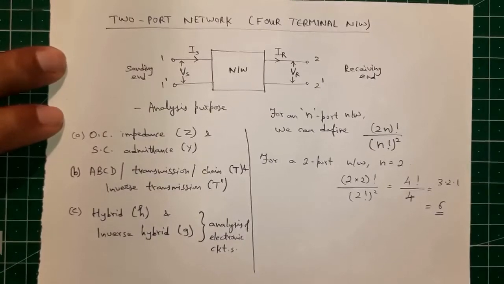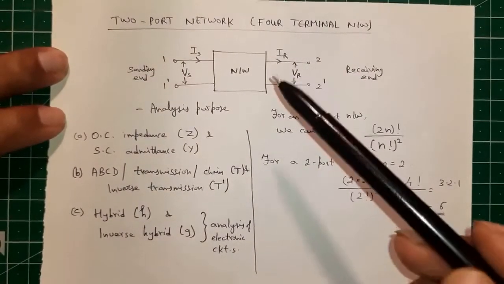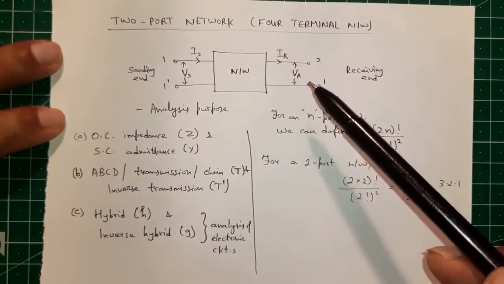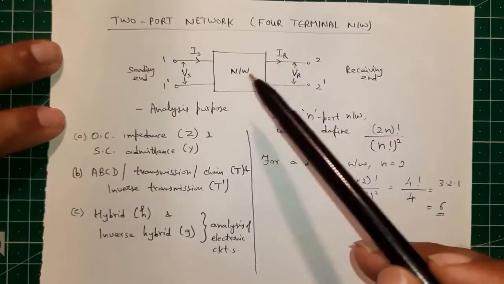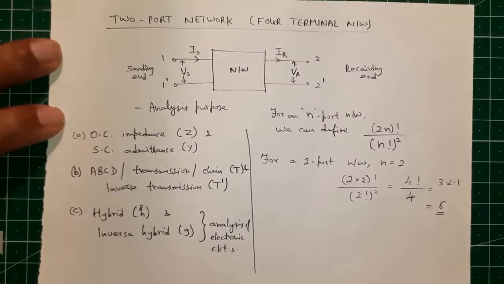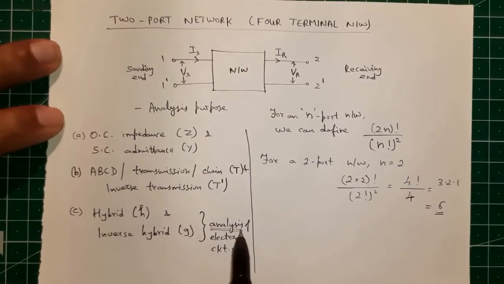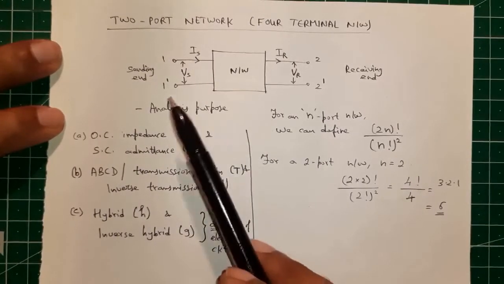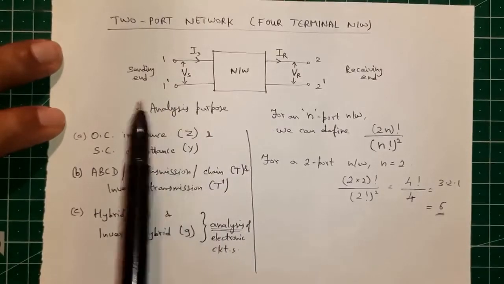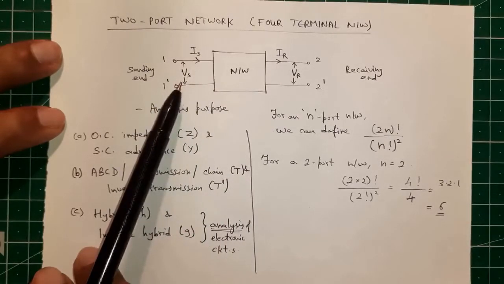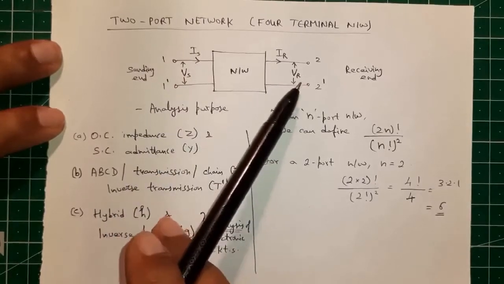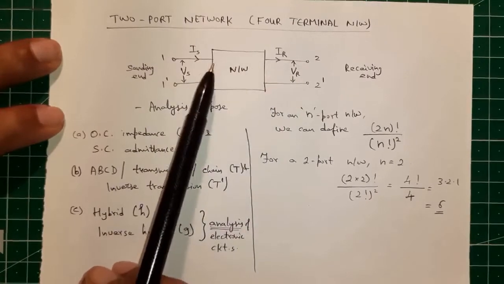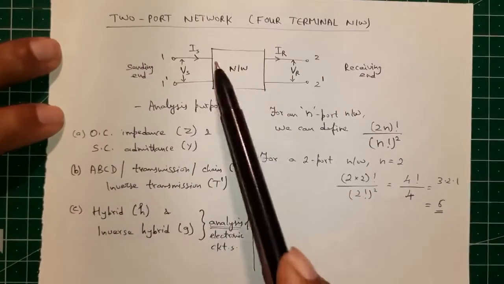So we have defined what is a two-port network and why we represent a network using a two-port network. It's basically for analysis purposes. For easily studying this, we can represent a network like this. So we know certain parameters, and we can find out certain other unknown parameters, provided we know the parameters of this particular network.